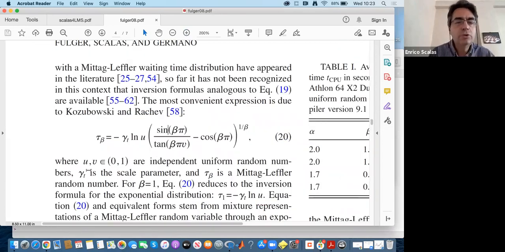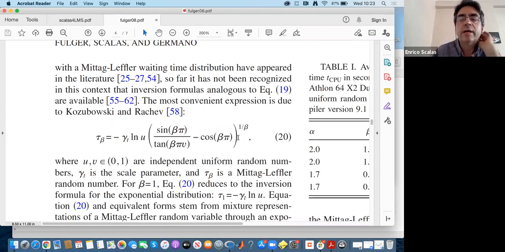You compute two uniform random variables independently in (0, 1), and then you make this transformation, where this gamma t is a scaling factor that we need here because we are doing this scaling of sending gamma to 0 in order to see what happens in that limit. But if you're not interested in the limit, you can set this to the value that you need for your application, or you set it to 1, for instance.